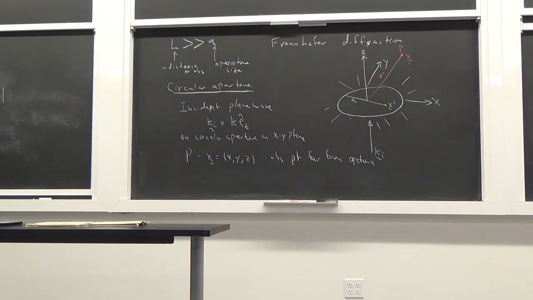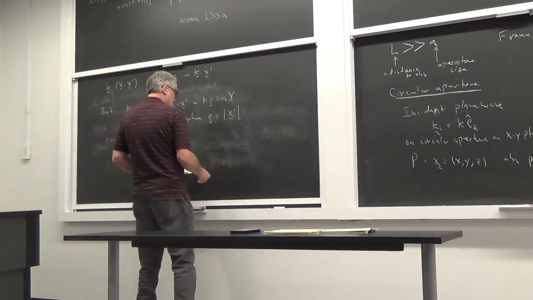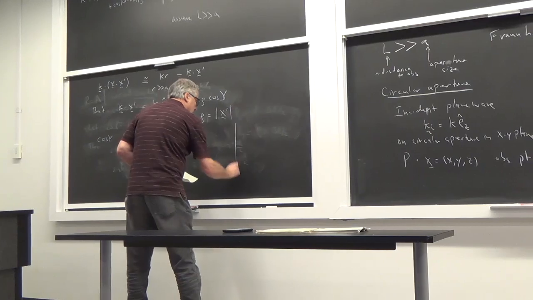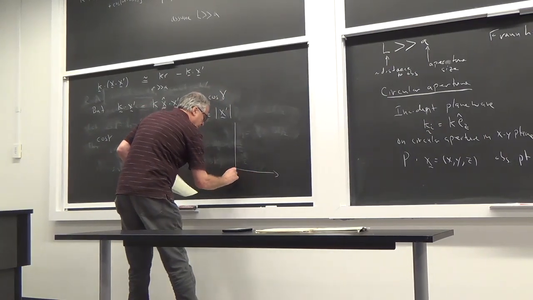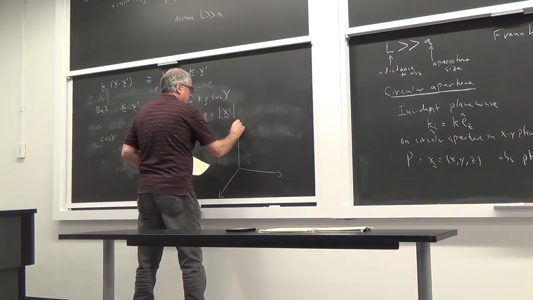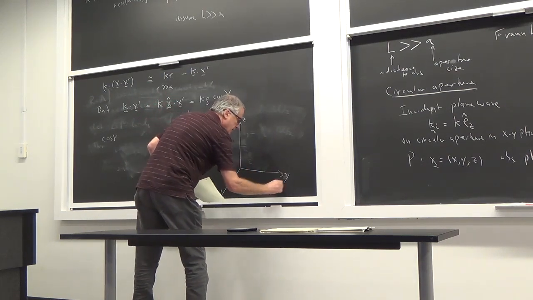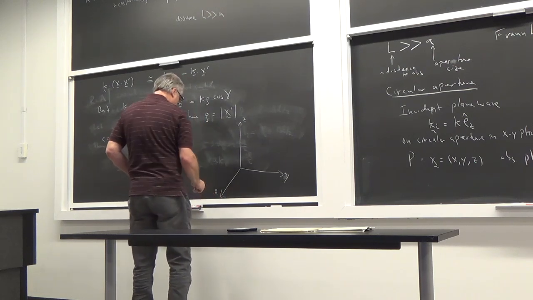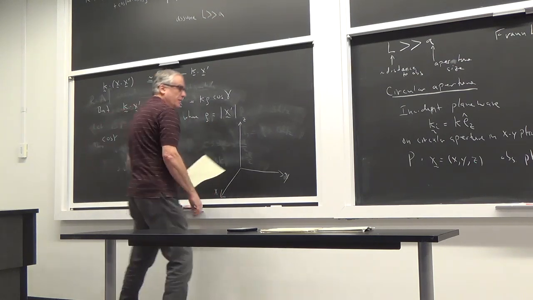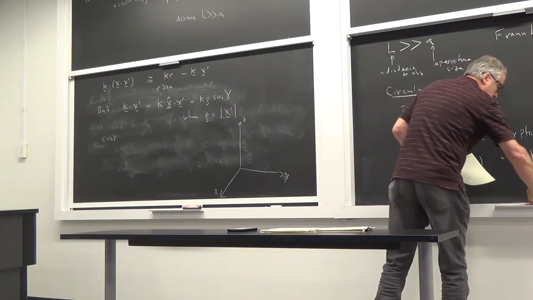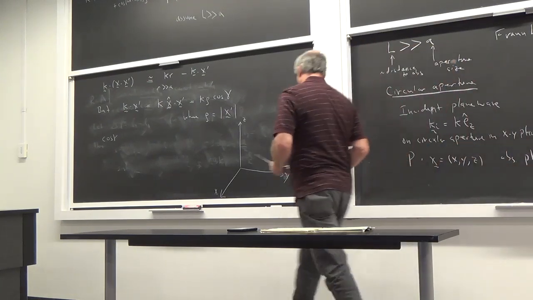And cosine gamma, so gamma is the angle between x and x prime. So let's see, we have to figure that out. Let me make another drawing here. Z, x, y. We draw these.